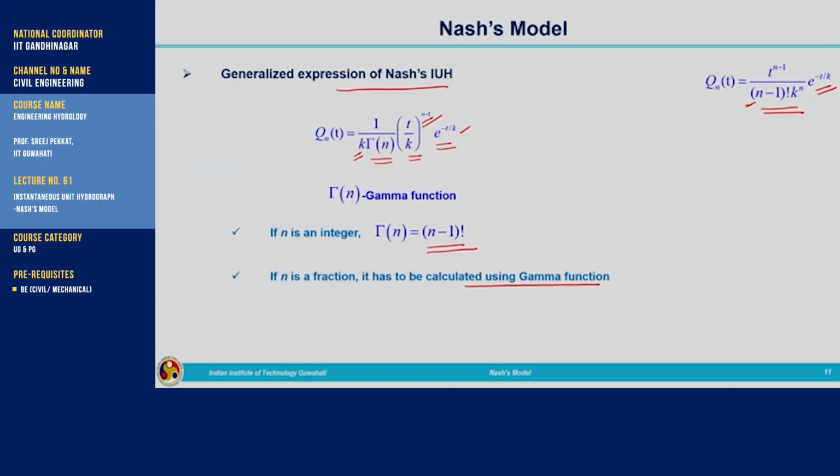In the case of gamma n, if n is an integer, we can calculate it directly without making use of the gamma function table, by using n minus 1 factorial. But sometimes n can be a fraction. In such cases, we have to make use of the gamma function to get the corresponding value.